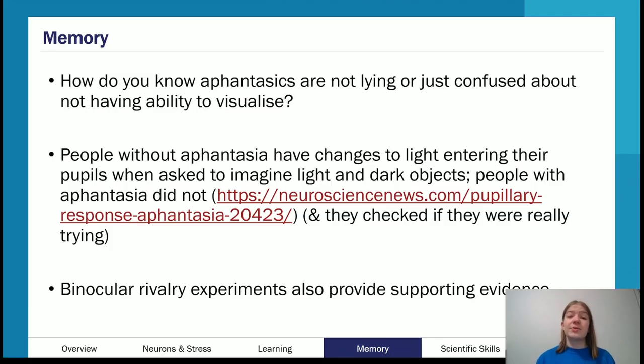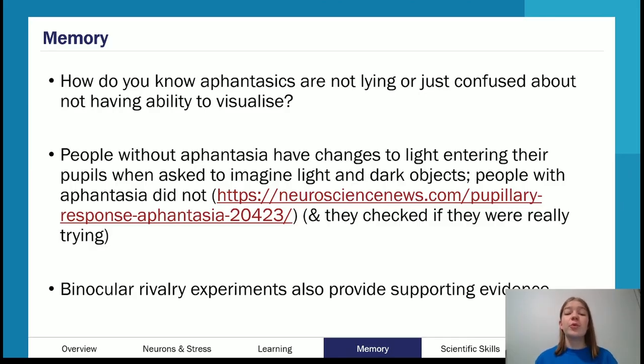Sometimes the question has come up: how do we know that people with aphantasia are actually being legit? Or maybe they experience the same things as people without aphantasia, but they're describing it in a different way, and that's why we're getting these different reports. So researchers looked at a study where people without aphantasia were asked to imagine light and dark objects, and it changed the amount of light entering their pupil when they did that visualization.